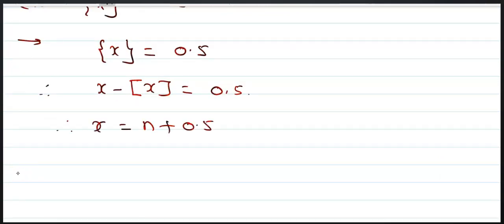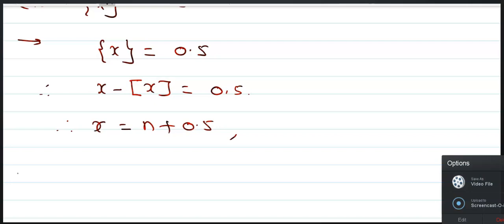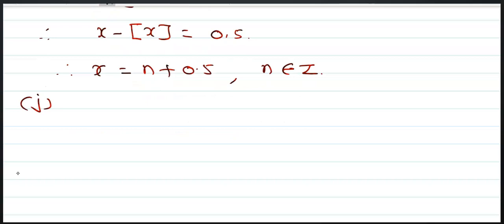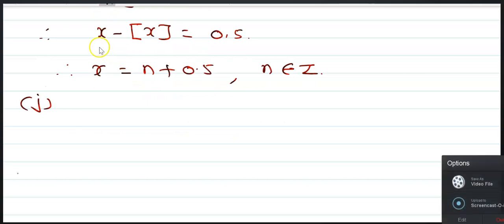Therefore, x is equal to an integer plus the fractional part, that is, x is equal to n plus 0.5, where n belongs to Z. This is the solution.